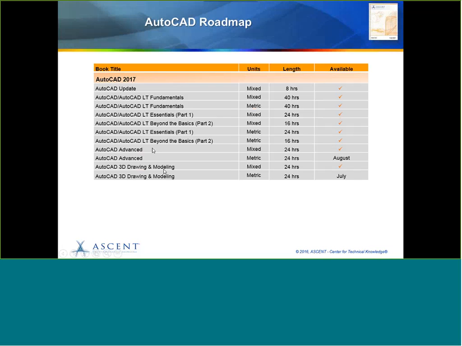Both of these training guides are available in mixed units right now. For AutoCAD 3D Drawing and Modeling, the metric unit training guide will be available in the last week of July, and AutoCAD Advanced Metric should be available in the month of August.